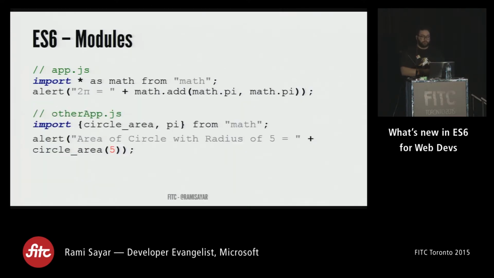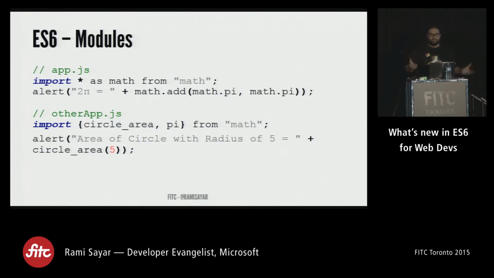from another file, perhaps app.js, I can use the star notation, import star as math. So this is something that's borrowed from Python, from math, this file, math.js. If I do that, then I can execute code like this: math.add, math.pi.